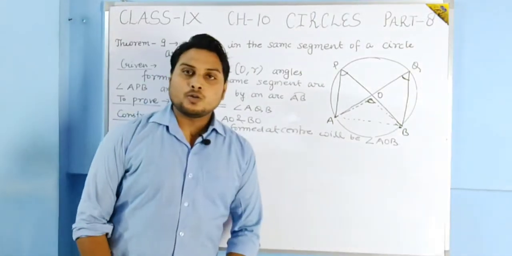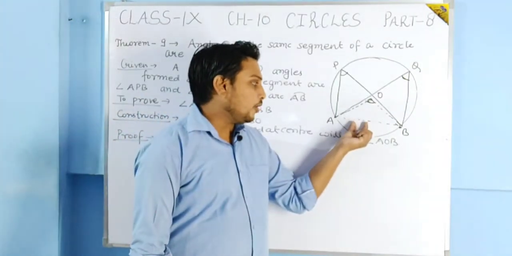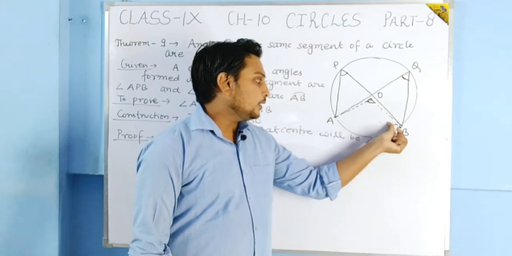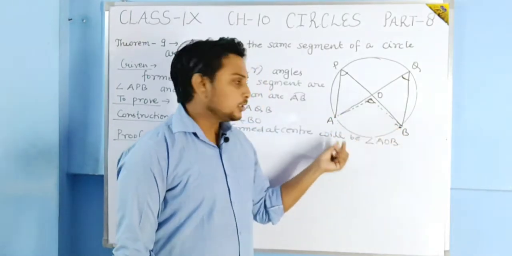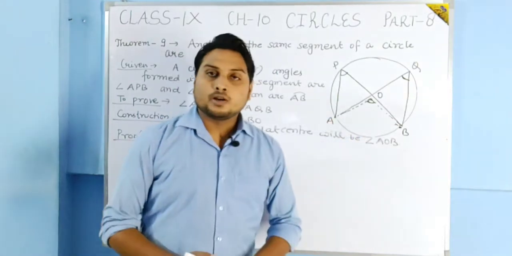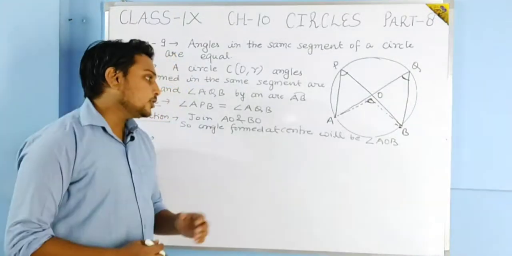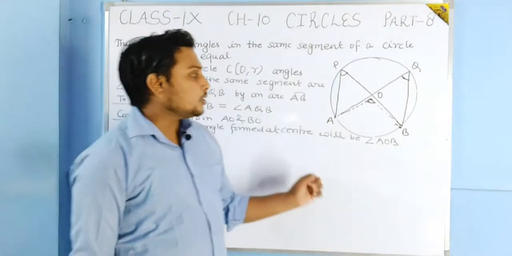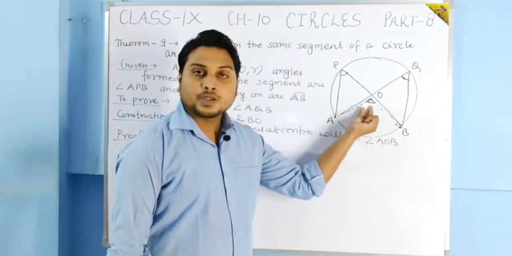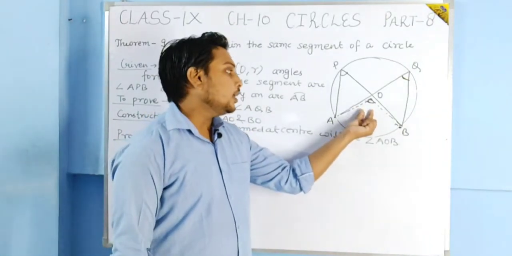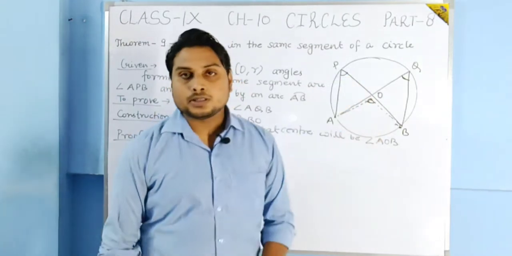Students, just now in the last theorem we have studied that the angle formed, okay, this dotted line I have made to make you understand. There's no need of making this chord AB. We have studied that the angle formed at the center is double the angle formed by the same arc in the remaining part of the circle.